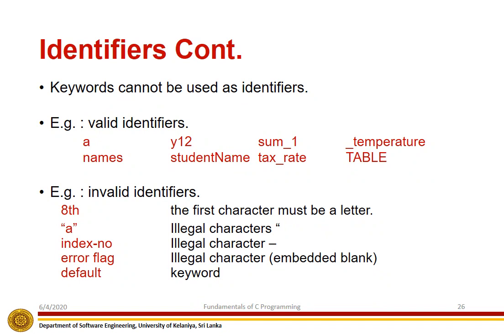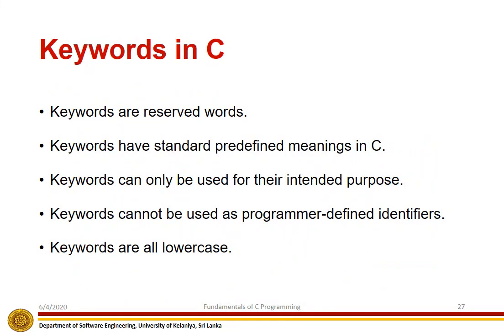This dash is also a special character, so it is an invalid identifier. Then error space flag. There is an embedded blank here, so it is also an invalid identifier. Then default. Default is a keyword in C, so it is also an invalid identifier.